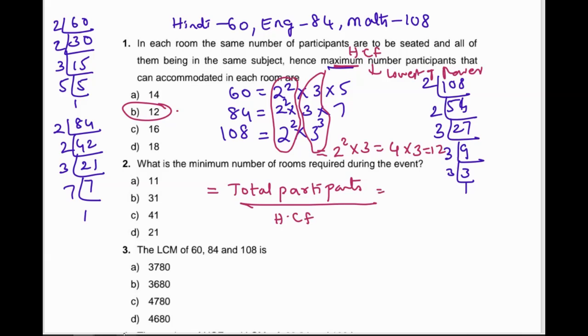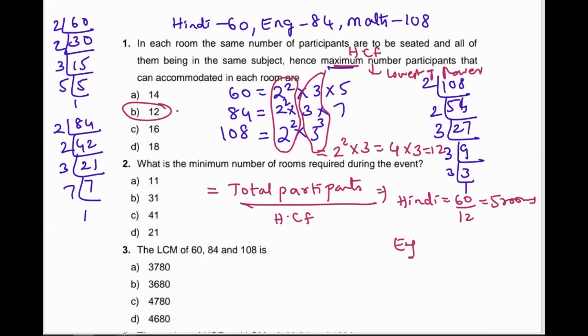So first we have Hindi. For Hindi we have 60 divided by 12. So 60 divided by 12 is how much? 5 rooms. Then for Hindi we need 5 rooms.